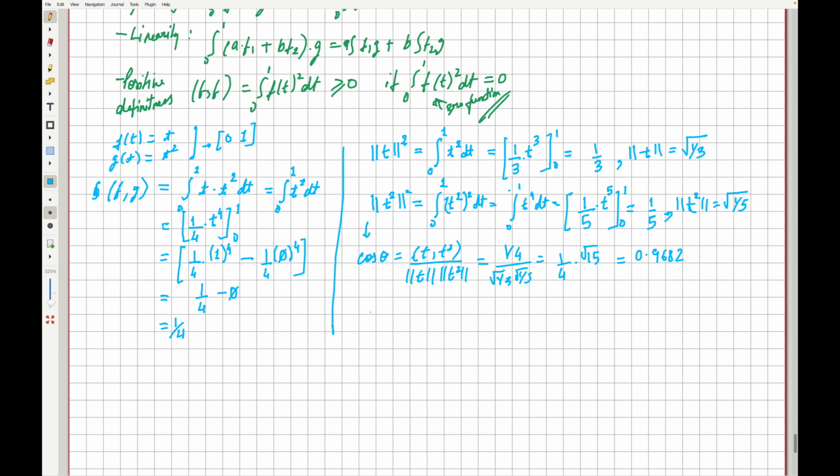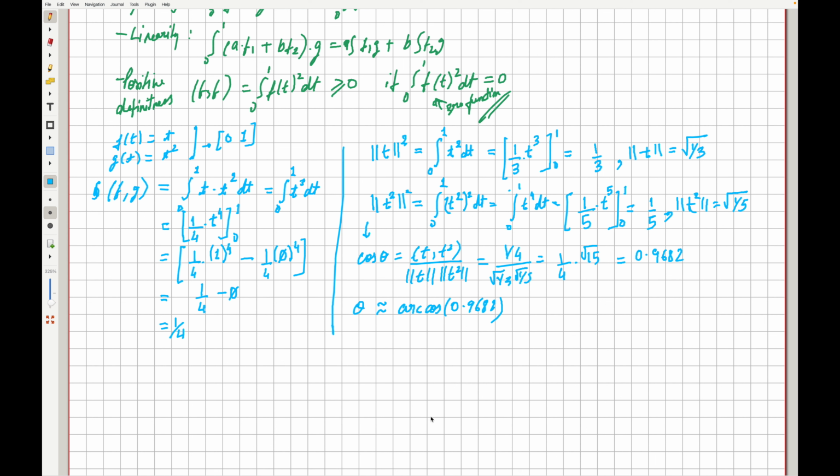and this comes out to 0.9682. And if we try to calculate theta, arc cos 0.9682, let's see how much that is. I think that's around 14. Let me check. So I'm opening the calculator, and here I have the arc cos that I'm trying to calculate.